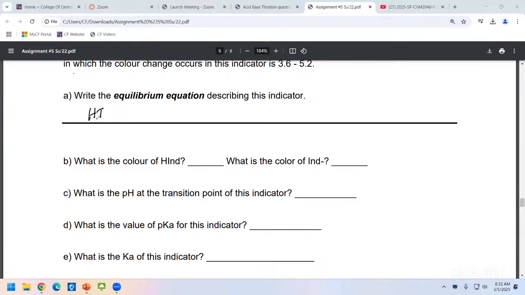HInd, that's the indicator molecule. So what will happen when this is dissolved in water? It's a weak acid, so what would be the equation? Plus H2O to give what?